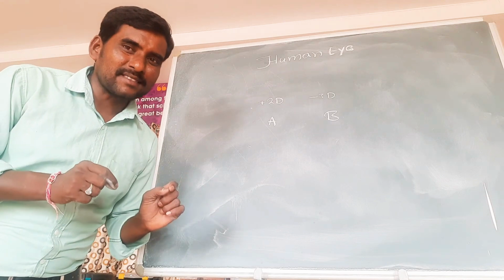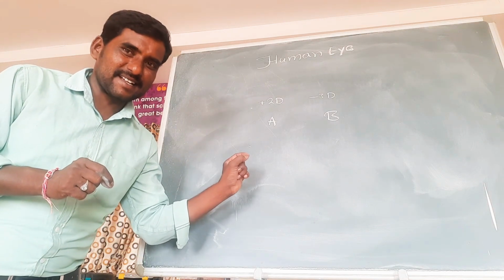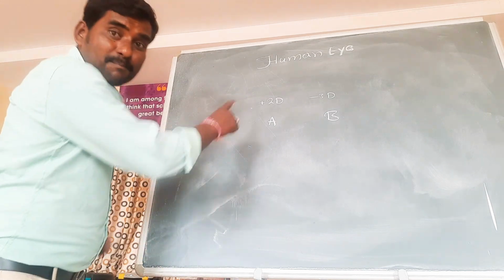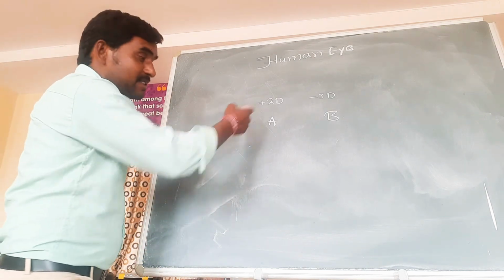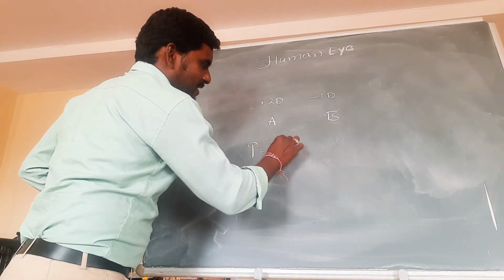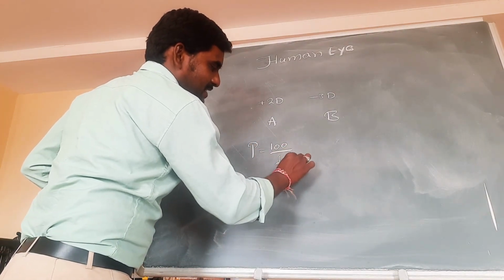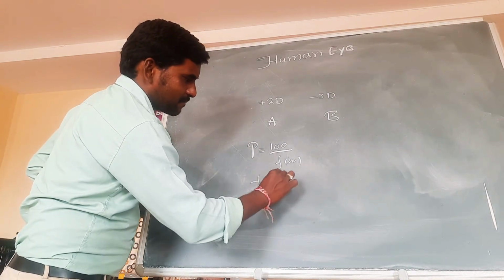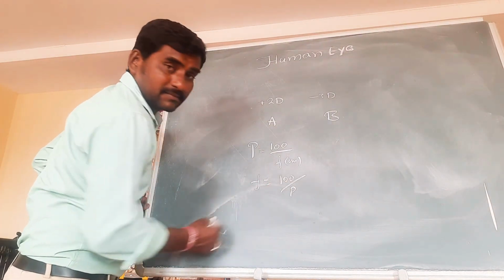What is the focal length of person A, and what is the focal length of person B? Very simple. If the power is given, we can find the focal length very easily. Power P equals 100 by F, with F in centimeters. So if I take F to that side, 100 by P will come.